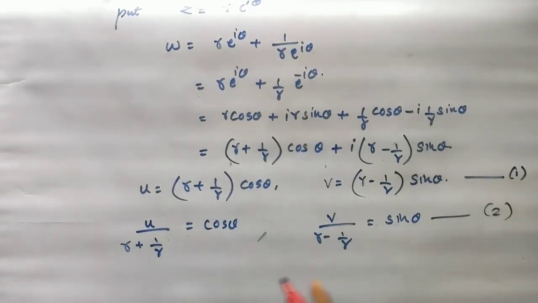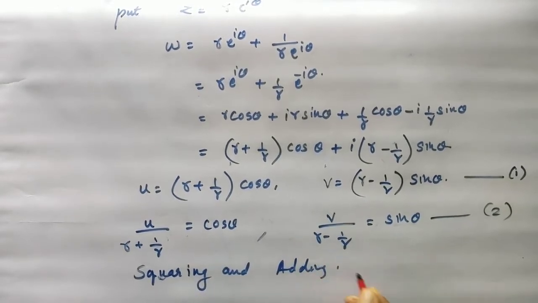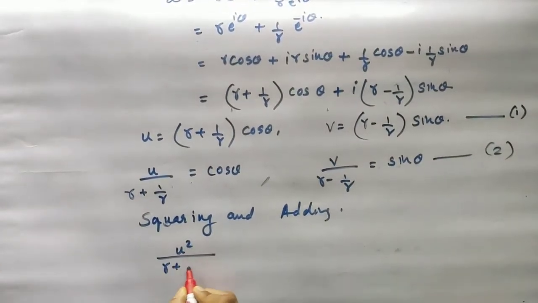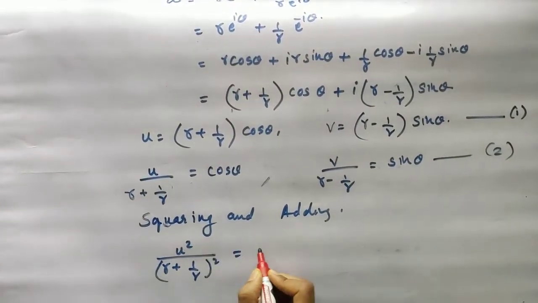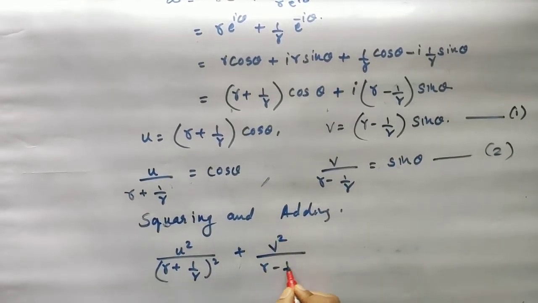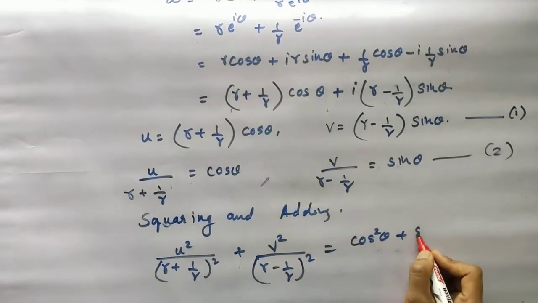Now squaring and adding. So what do you get if you square and add? You will get u square divided by r plus 1 by r whole square plus v square divided by r minus 1 by r whole square is equal to cos square plus sin square.